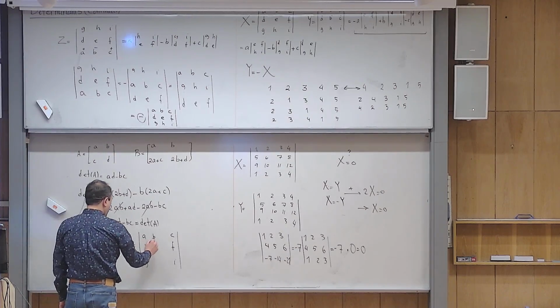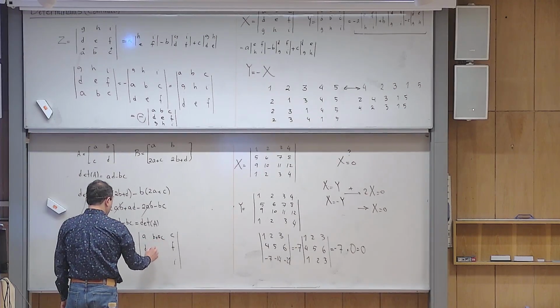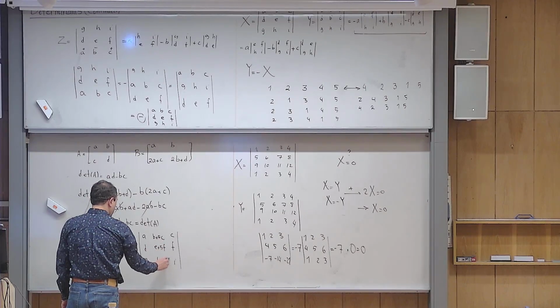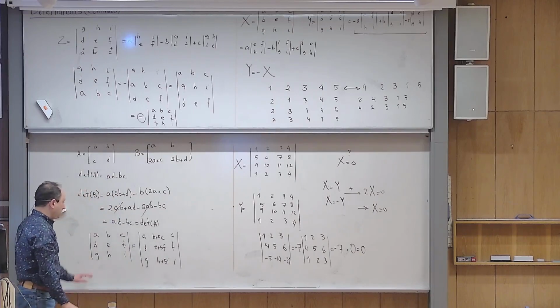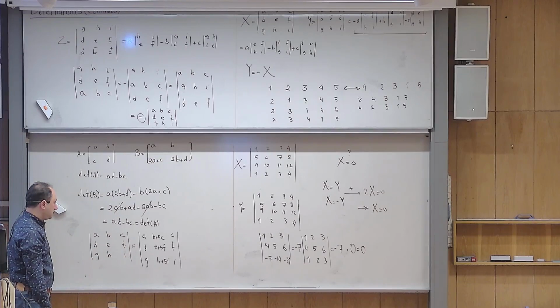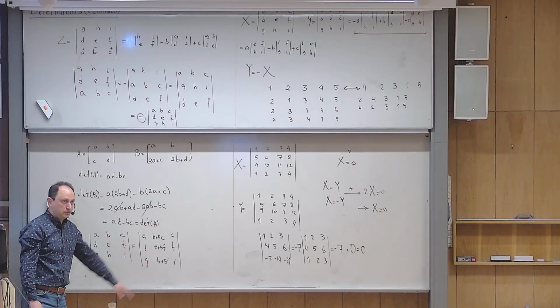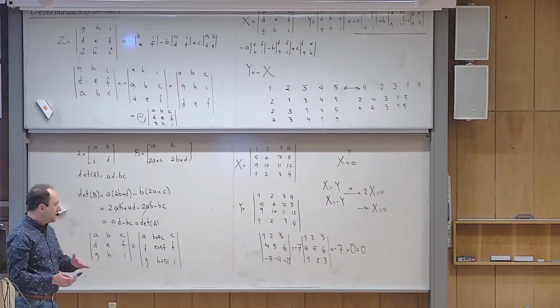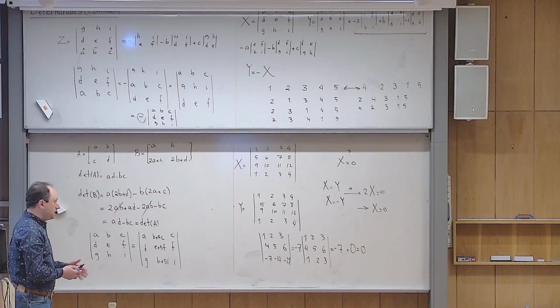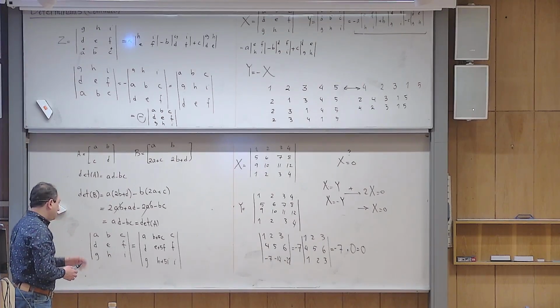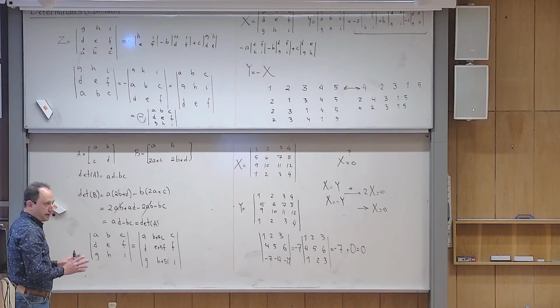So this becomes b plus 5c, e plus 5f, and h plus 5i. So this theorem claims that without having to calculate these two determinants, this is true: that this determinant is equal to this one. So you are allowed to add a multiple of a column to another column, or add a multiple of one row to another row, without affecting the result.